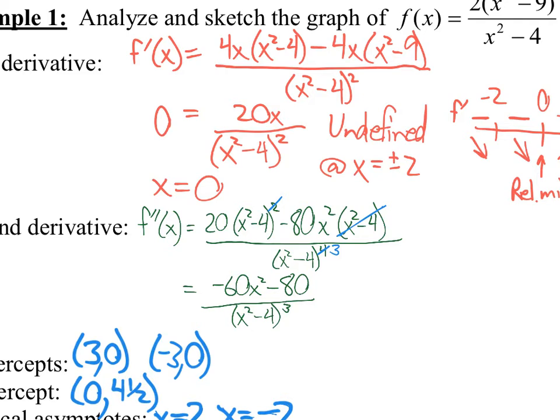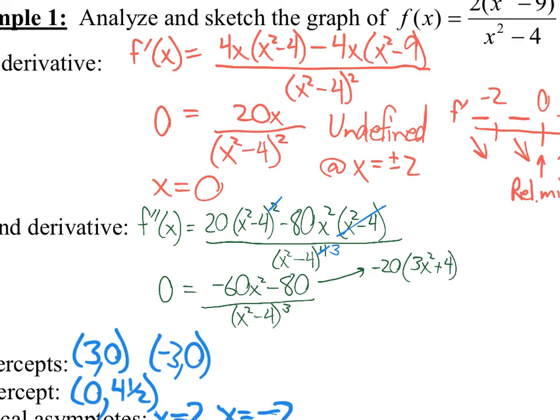Now, let's say we hadn't been sketching along the way, and we were trying to find where this equaled 0. We'd set the numerator equal to 0. If I factor out a negative 20, I've got a 3x squared plus 4.